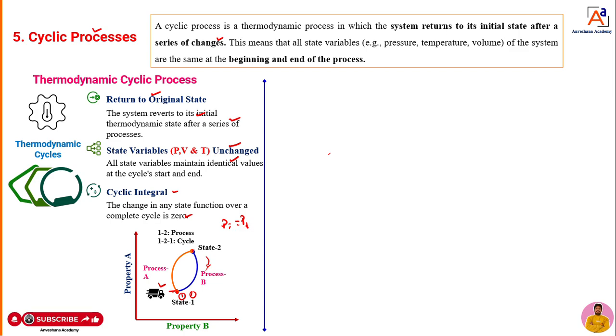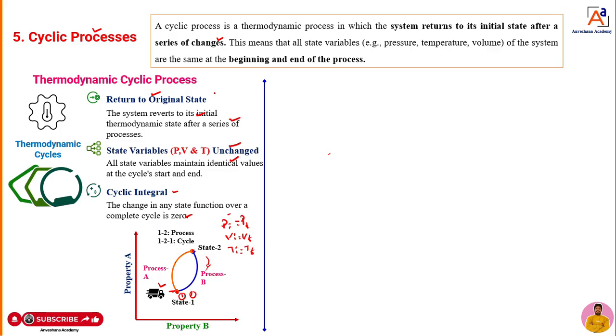The system undergoes a series of states, 1, 2, 3, 4, like that, a number of states, and it came back to its original position, but the properties like pressure, temperature, volume remain the same. If the initial volume is Vi, then the final volume remains the same. If the initial temperature is Ti, then the final remains the same.